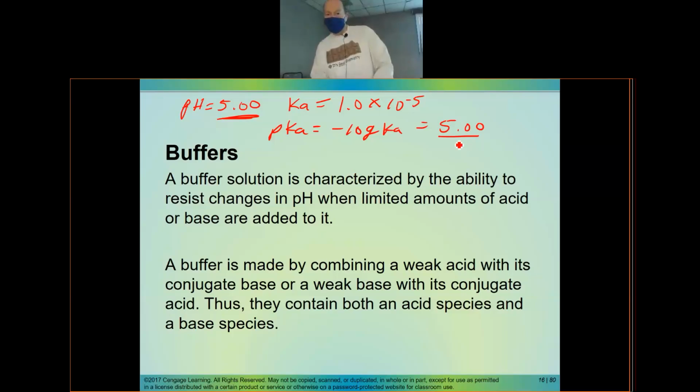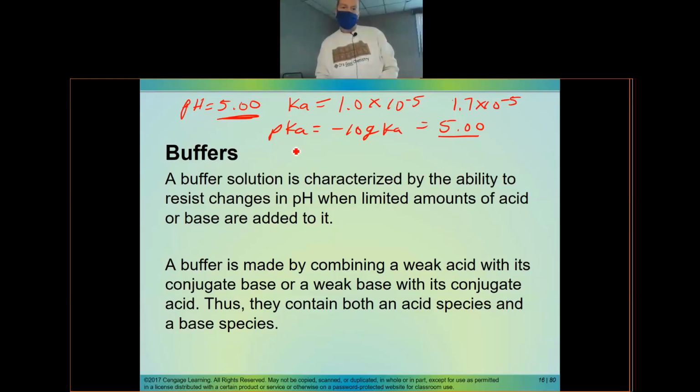Our number for the last problem was 1.7 times 10 to the minus 5. If you take the negative log of that, it would round to 5, but it is less than 5, very close to 5. The negative log of 1.7 times 10 to the minus 5 gives you 4.77 as your pKa.